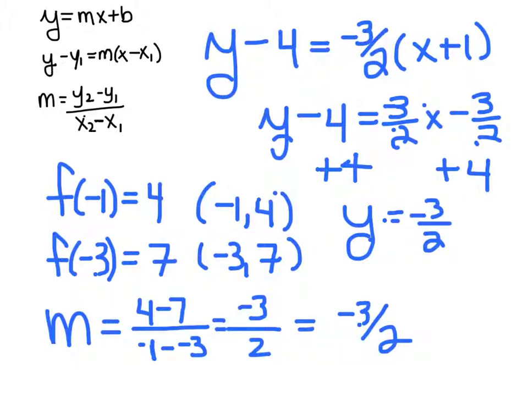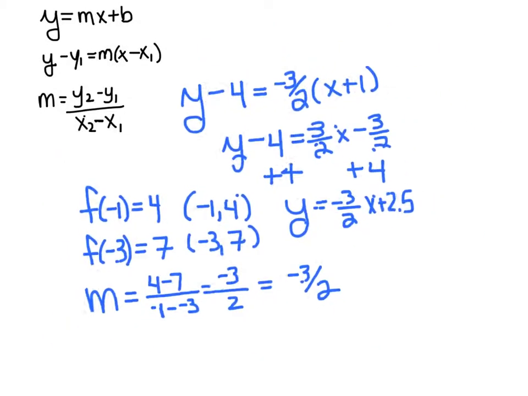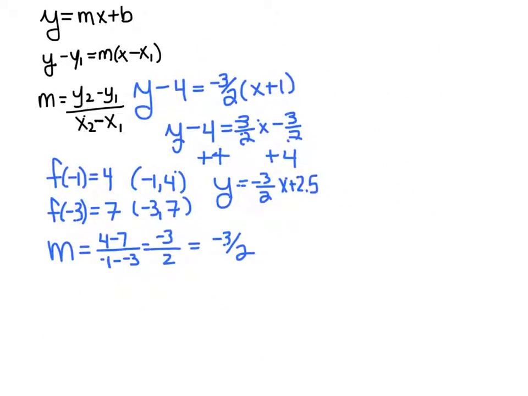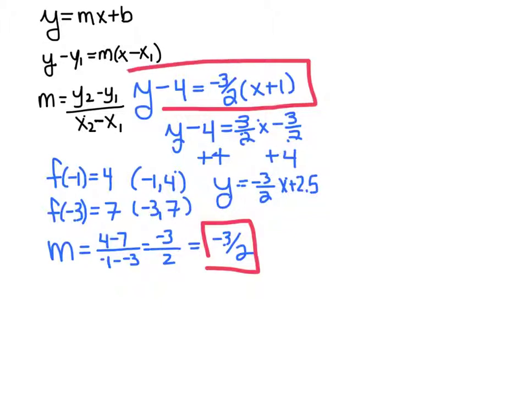Let me finish up this one. 4 minus 1.5 is 2.5. And I'm going to run out of room right now, so I'm going to make these smaller. So I found the slope. This right here is my point-slope form. To get it to slope-intercept form, I would need to multiply everything by 2.